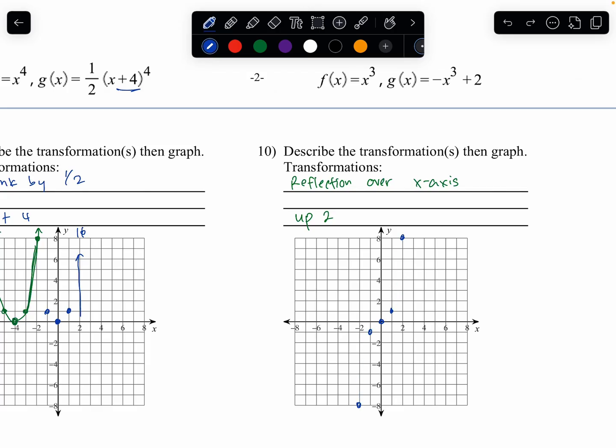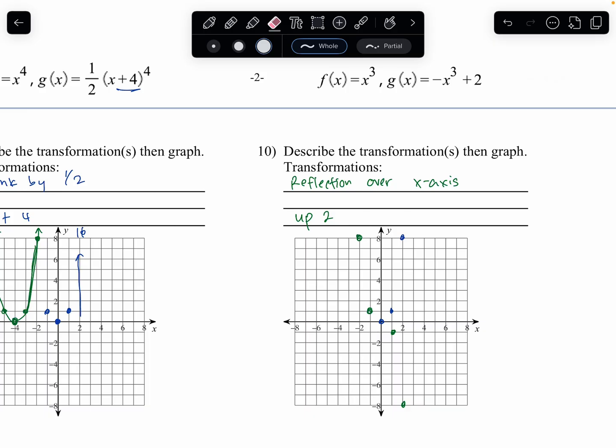Okay, now we're going to move everything up 2, but everything's being reflected as well. So I'm going to do the reflection first. If it's a reflection, then all these points right here are going to be mirrored across the axis. So for my graph right here, if I mirror it, it's going to have a point at 8 here and a point at -8 here.